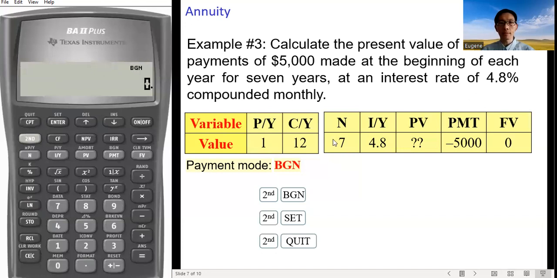And then key in 7 for N. IY 4.8. PMT negative 5,000. And then FV is 0.